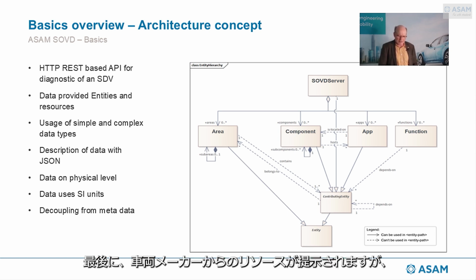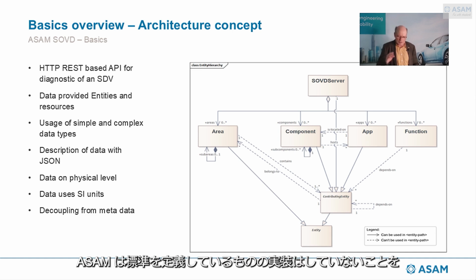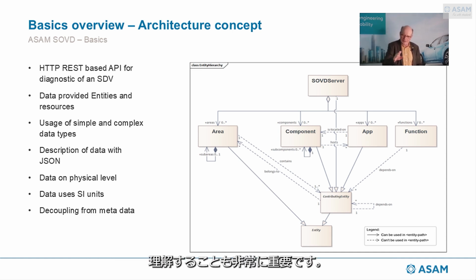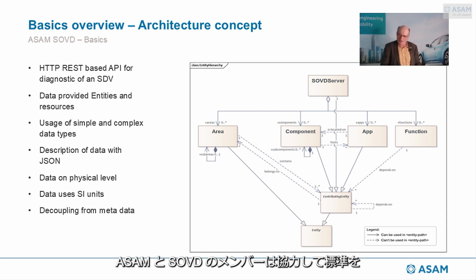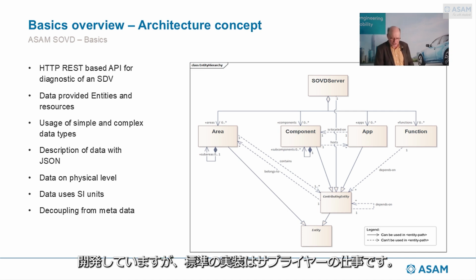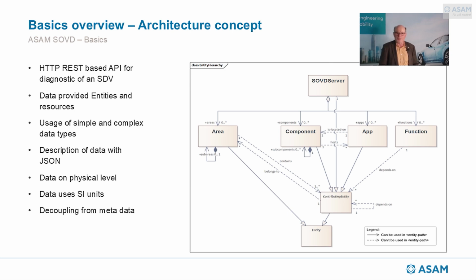So at the end, the resources are presented from the vehicle manufacturer, and also, it's very important to understand, ASAM have defined the standard, but no implementation. We work together as members of ASAM as we have developed the standard, but the implementation of the standard, that's the task of the suppliers.